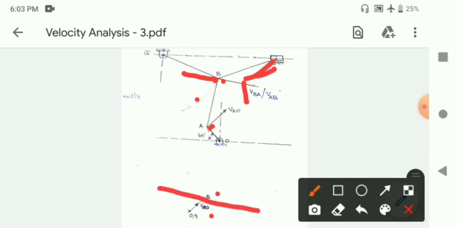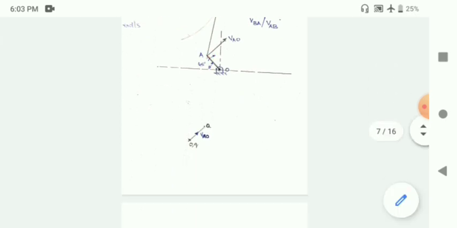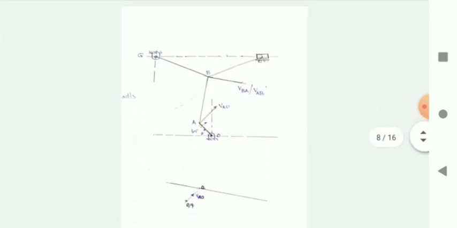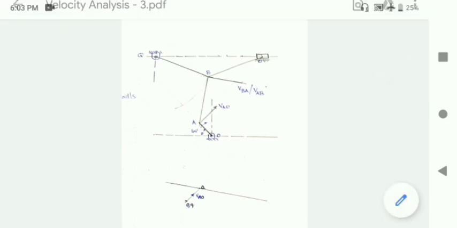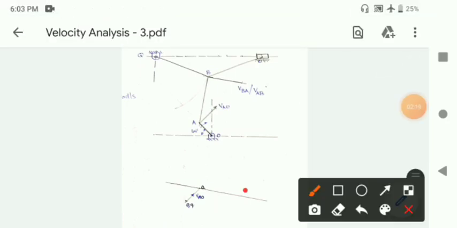You can extend that line on either side of A. So this is the line that I have drawn from A, which is parallel to this line of action of velocity of B relative to A.